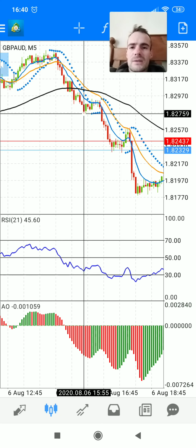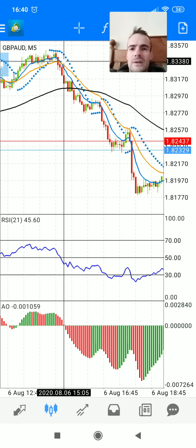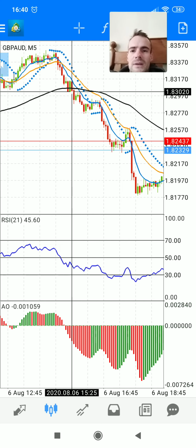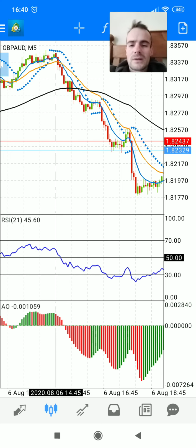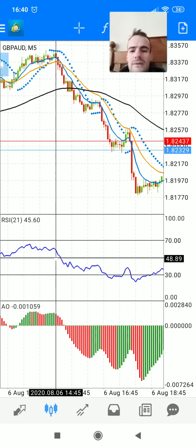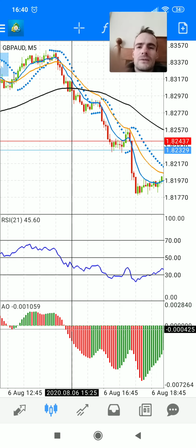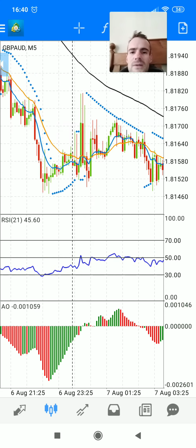I prefer to see the crossover happen below the black EMA, but still we could have taken this one because we already had another 3 confluences, meaning that price is below the black 90 period EMA, we got the cross down on the 50, and the cross down on the 0 on the awesome oscillator, and the market plummeted about 250 pips.